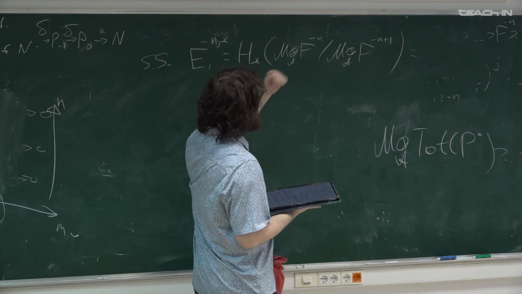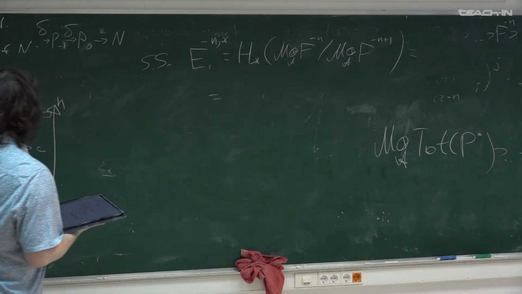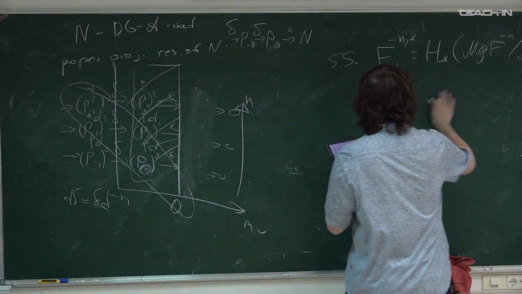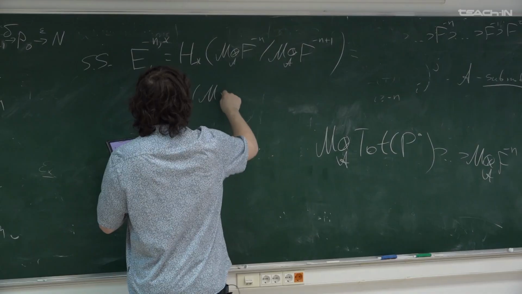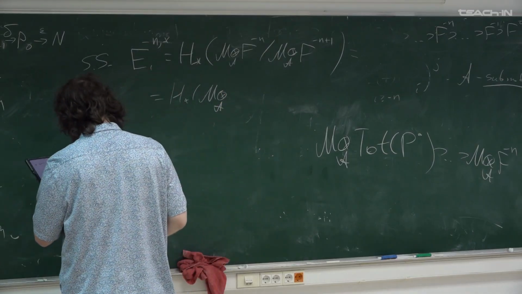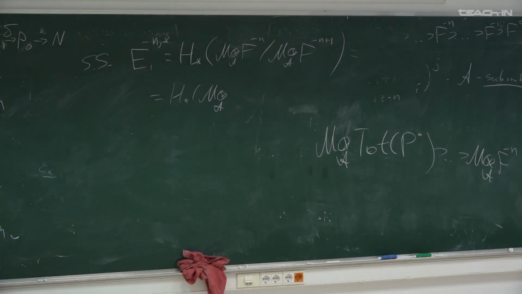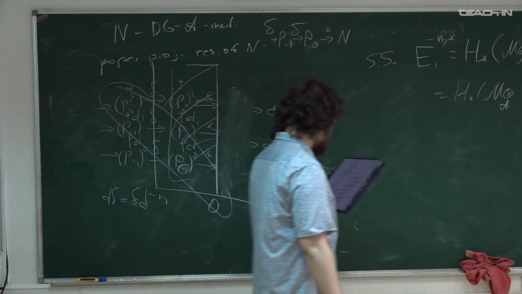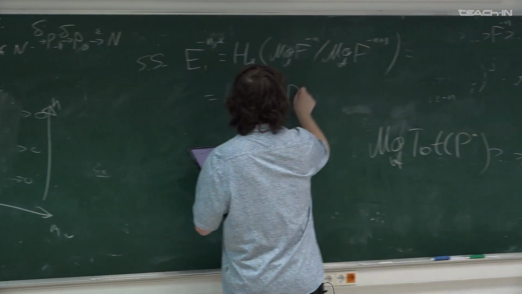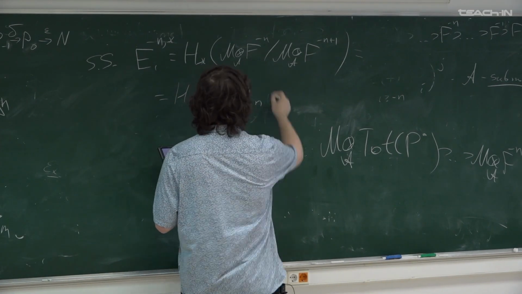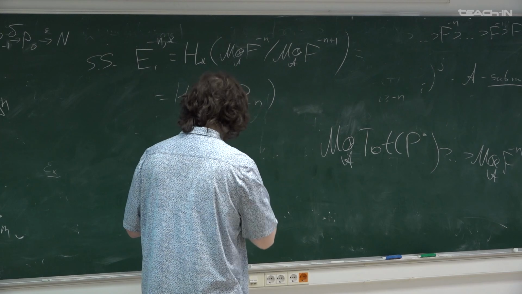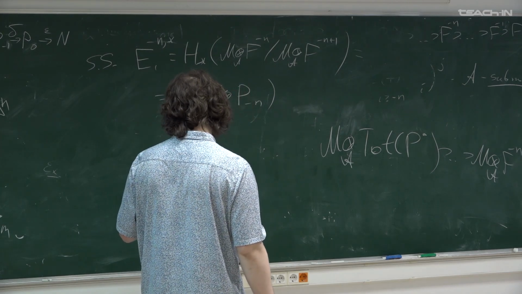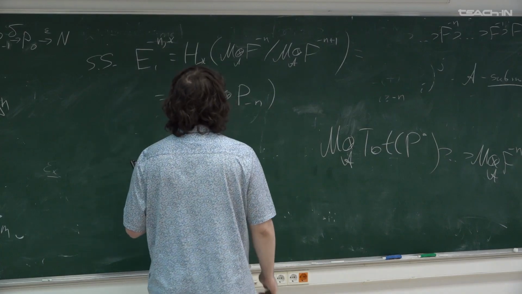It's M tensor the quotient, but what is the quotient? The quotient is just one column. So it's the homology of M tensor A, where one column is exactly P minus n, sorry, minus n. And what is it?